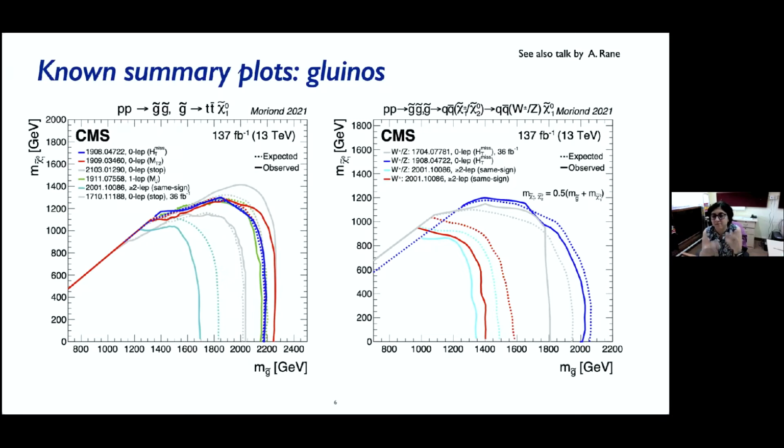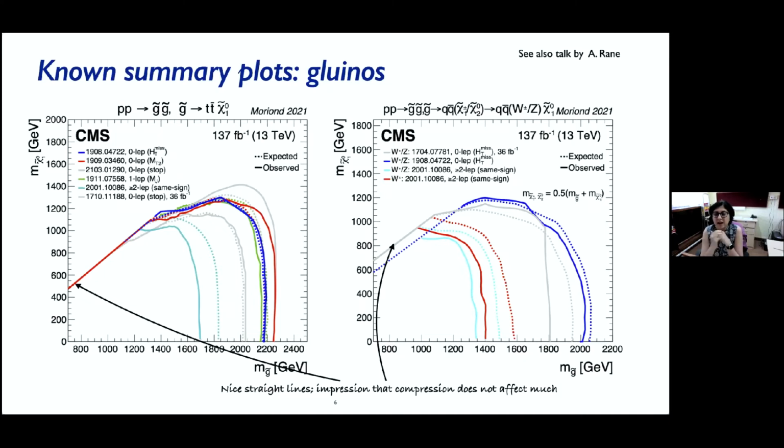So you can write all possible kinds of decay channels, and you can see you have a limit on the mass of about 2.2 TeV. And then, of course, as you go to the compressed side, you see still at the lower edge, the line is very smooth.